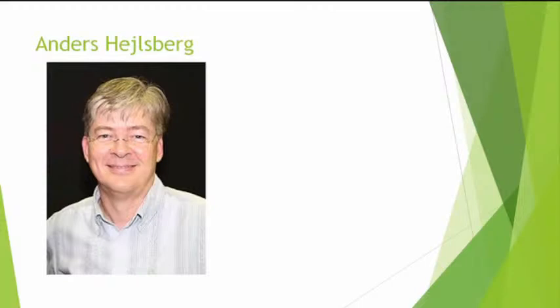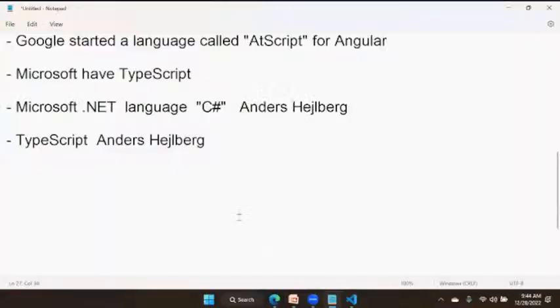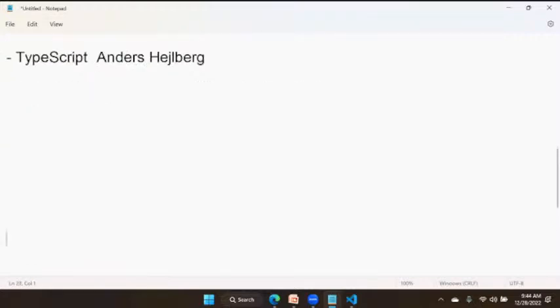Even if you later learn React or other concepts, TypeScript is used there also, in place of JavaScript. Now the question is, why is Google interested in TypeScript?